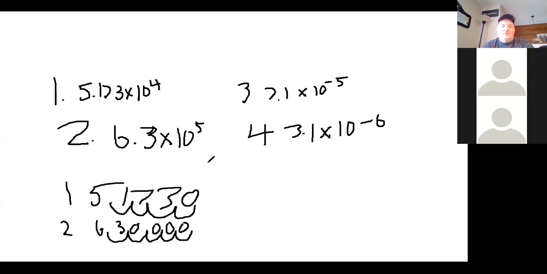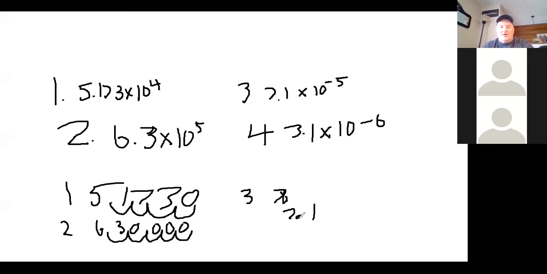All right. So let's do number 3. Number 3, we have 7.1. Whoops, I'm going to have to get over a little farther. 0.1. Now it's 10 to the negative 5th. In this case, instead of going to the right, we're going to go to the left 5 spots.